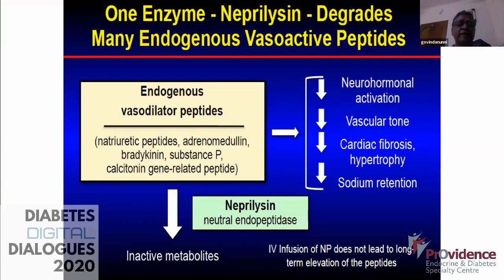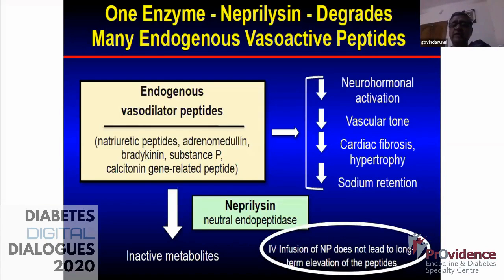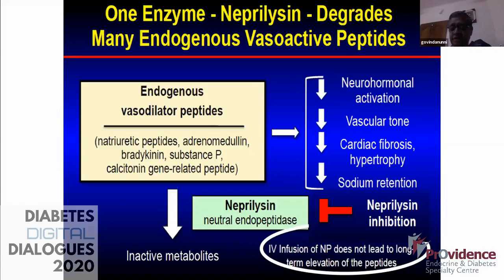All these are degraded by neprilysin into inactive metabolites. So when you give an IV infusion of natriuretic peptides, it does not lead to benefit because the natriuretic peptides are immediately degraded to inactive metabolites by neprilysin. And that is where people started thinking about neprilysin inhibition.